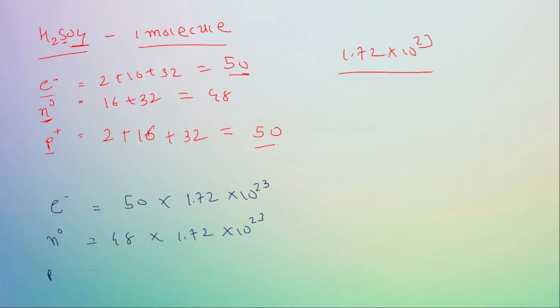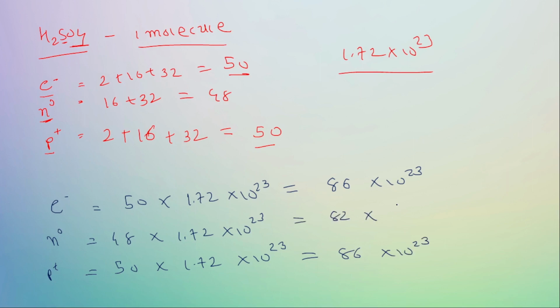For proton, 50 into 1.72 into 10 raised to 23. So here 86 into 10 raised to 23, here also 86 into 10 raised to 23, here 82 into 10 raised to 23 in 28 gram substance. So here is the answer of the question. I hope you understand all this. Thank you.